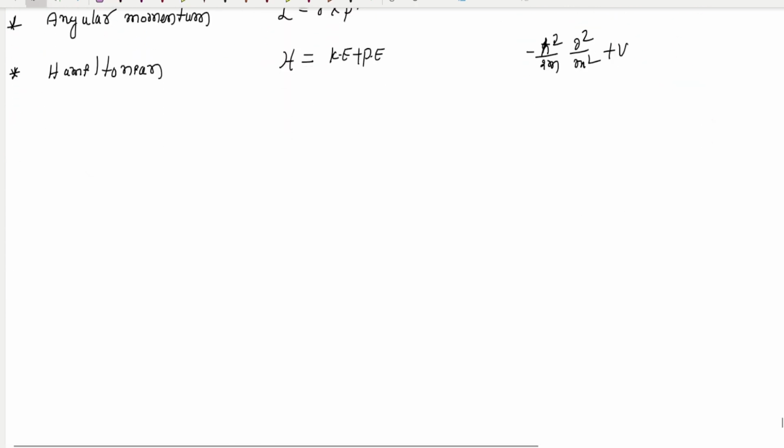Next, postulate 3. Third postulate: measurements and eigenvalues of operator.